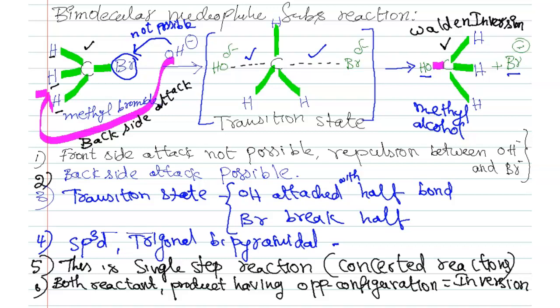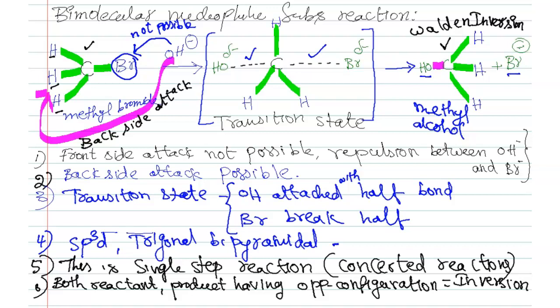So OH minus will attack the methyl bromide on the backside and form a transition state. Transition state means our imagination. It is highly unstable, so OH is half attached and Br is half broken. That means OH has a partial negative charge and Br has a partial negative charge.